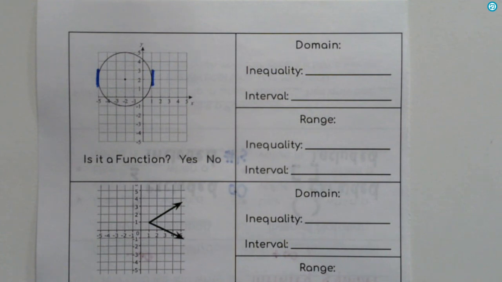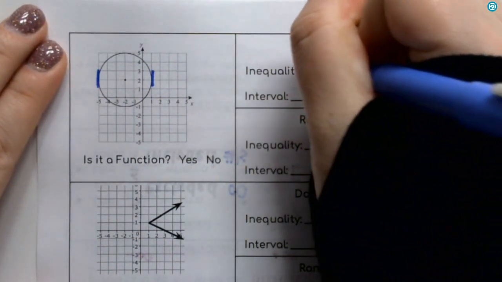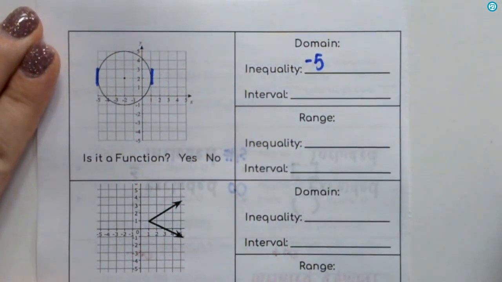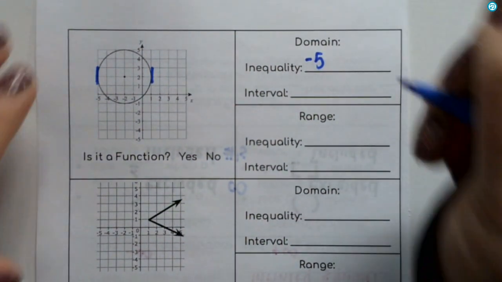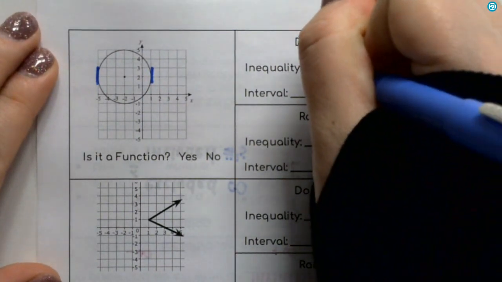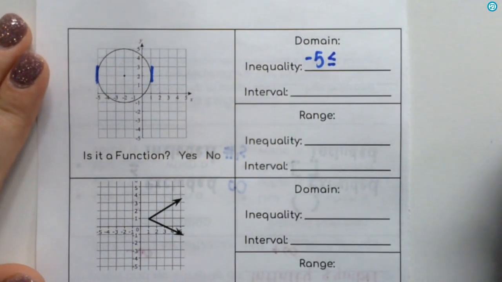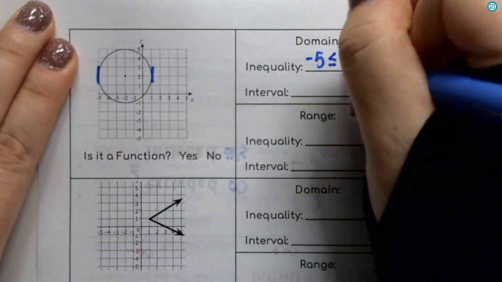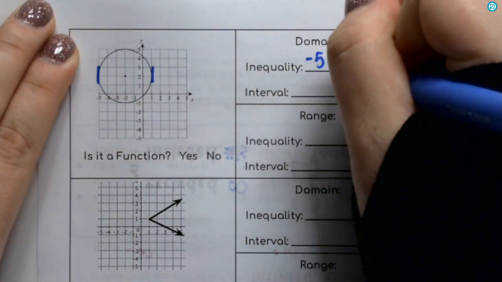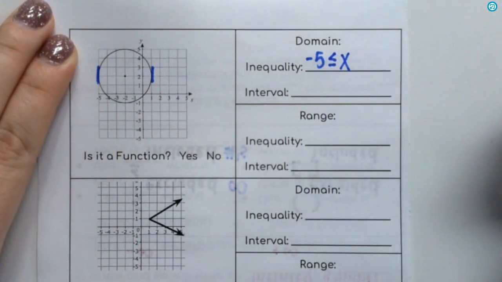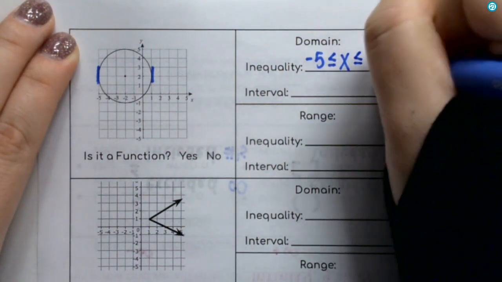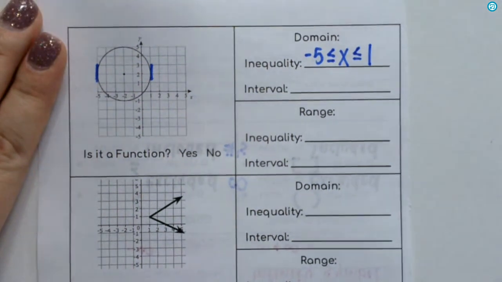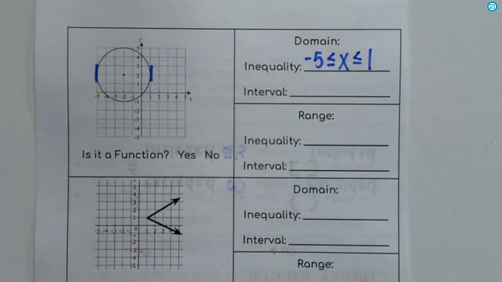I write it down like this: -5, because it's a number and it's included, I put less than or equal to. And then I'm going to put an X, because these are my X values. And then I put another less than or equal to. I put a 1. So -5 is less than or equal to X is less than or equal to 1.